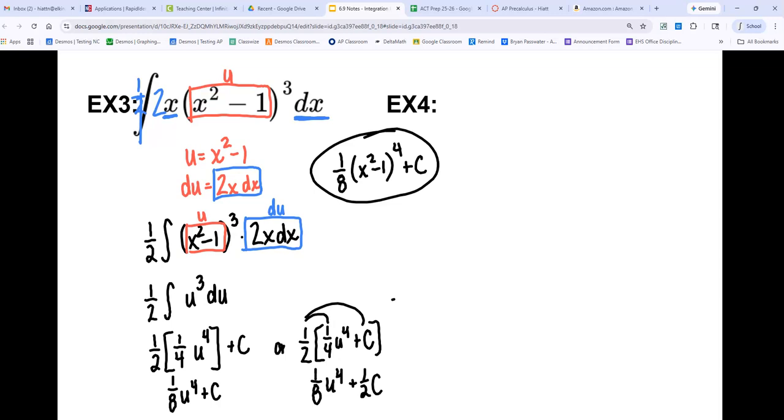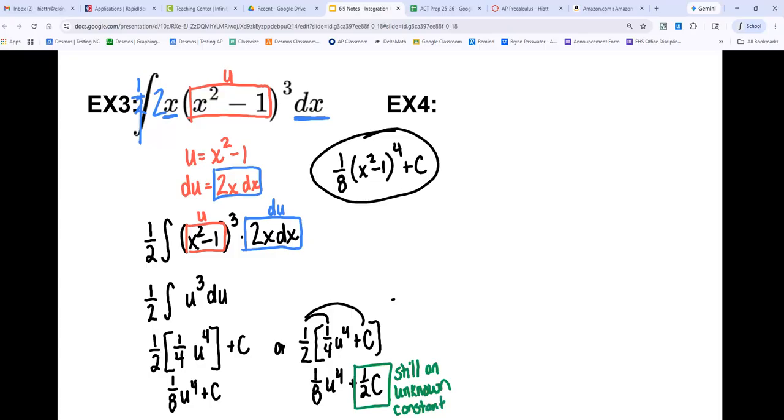So if I have half of an unknown constant, it's still unknown, right? Like I don't know what it is. So whenever we're doing any math where we're dealing with this plus c, this is still an unknown constant.